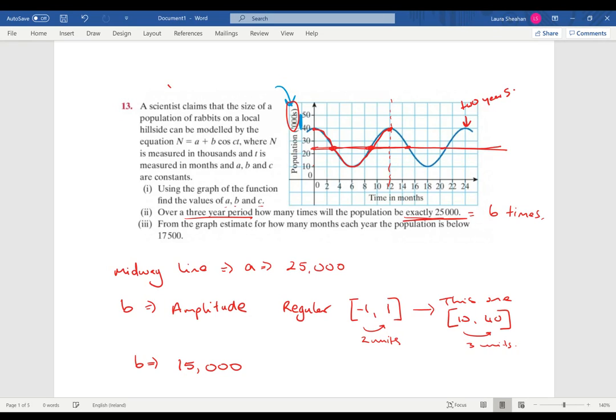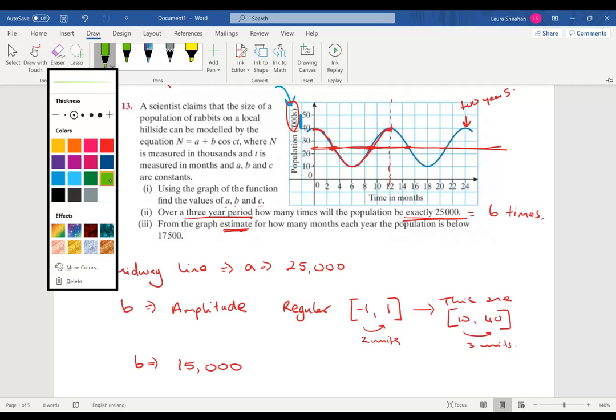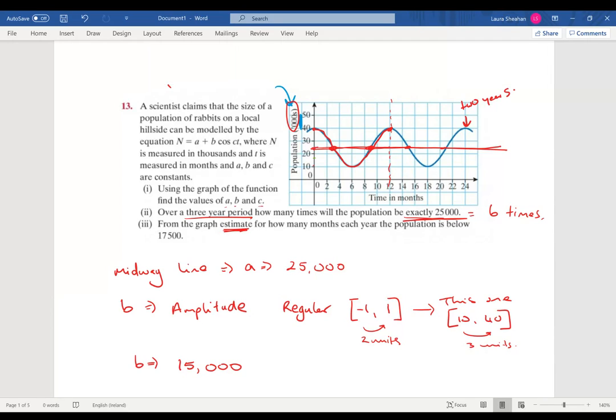From the graph, estimate, and this is the important point, it is an estimate, for how many months each year the population is below 17,500. So if I take, let's go for a green here, 17,000, and again, it is a rough estimate, so we're talking maybe here.